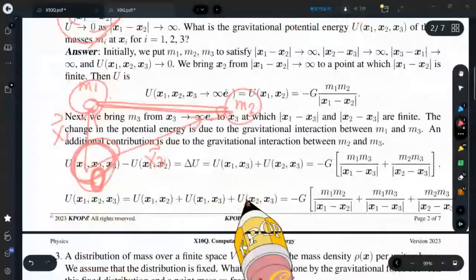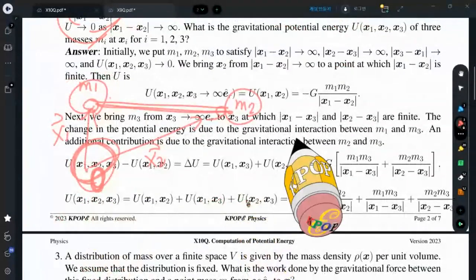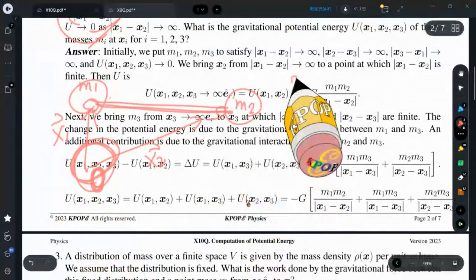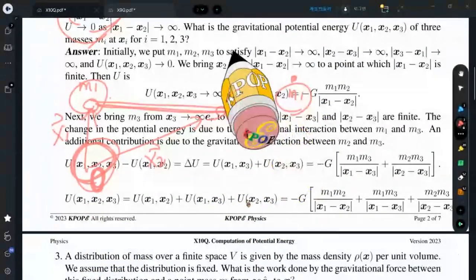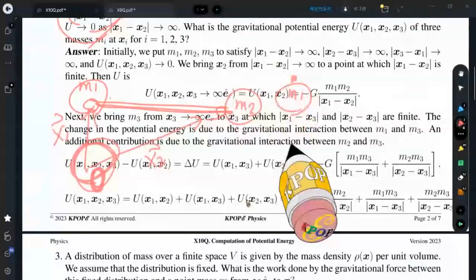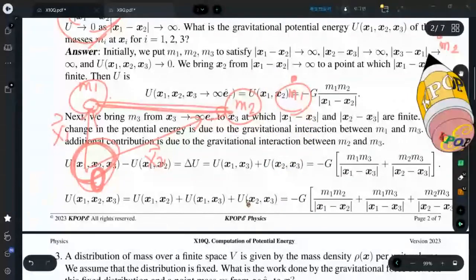What happens if I have three massive particles? It's not complicated because first I have M1. There is no need to do work if there is nothing around it. After that, I bring M2 from infinity to there.